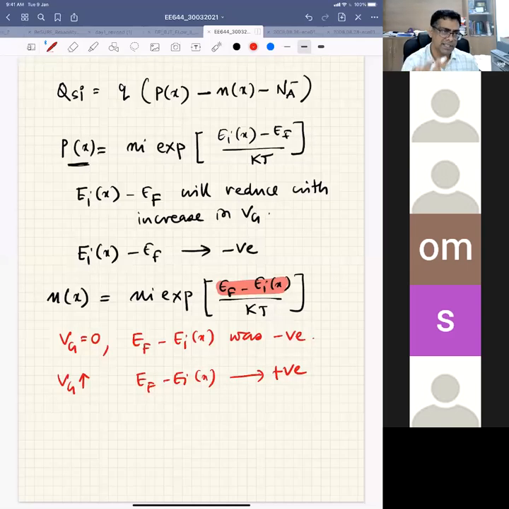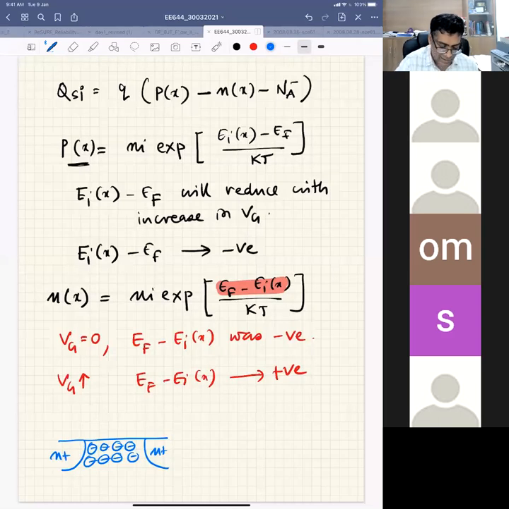But in the depletion condition, when I talk about depletion condition, your NX... So you see, what is the charge, right? If I see in the depletion region, I have N plus here, and I have my negatively charged acceptors here, right?